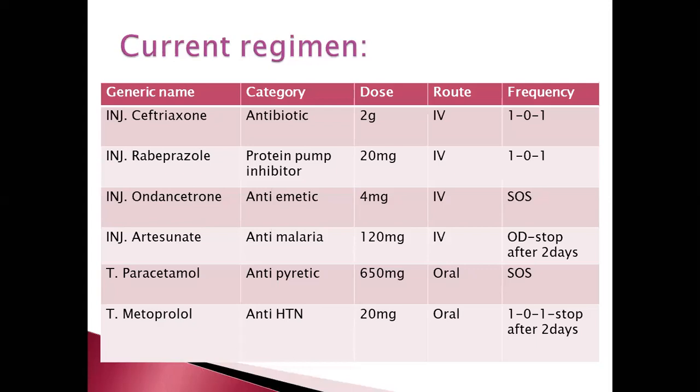Injection ondansetron 4 mg IV SOS. Injection artesunate 120 mg IV once a day, stop after 2 days. Paracetamol 650 mg oral SOS. Tablet metoprolol 220 mg orally twice a day, stop after 2 days.